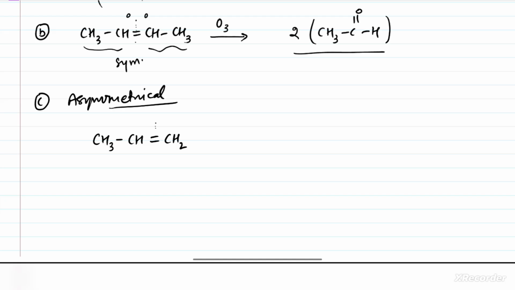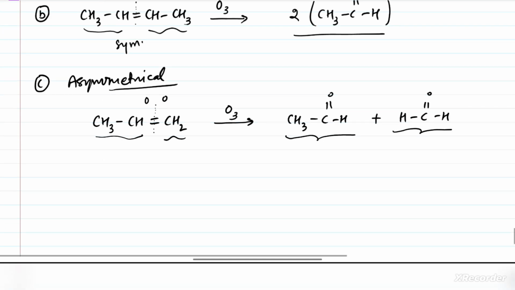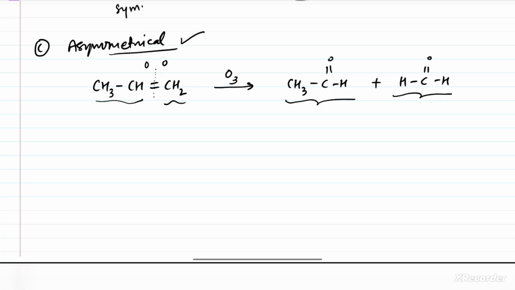Just divide this double bond into two parts and put oxygen on both sides. So when it undergoes ozonolysis, we get CH3CHO and CH2O. That means one compound is CH3CHO, another one is CH2O, that means HCHO. So one is acetaldehyde, another one is formaldehyde. So when we have an asymmetrical alkene, we get two different products.